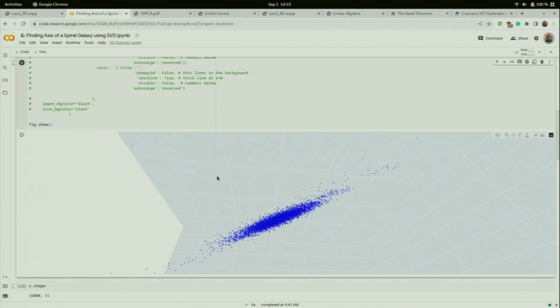So, typically your raw data, whichever application you are working on, whether it is data science, machine learning or algorithms, will be very high dimensional, but typically the data will lie very close to a small dimensional subspace, and the question is how do we find the subspace?